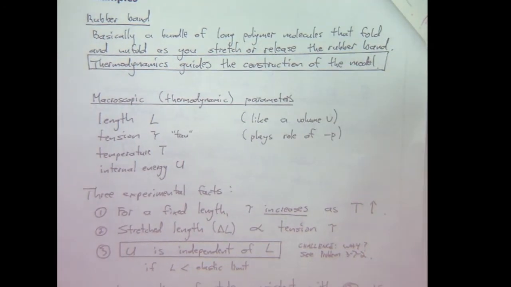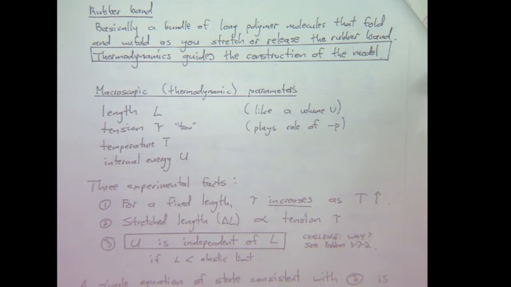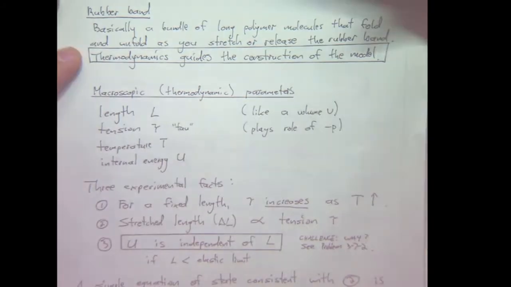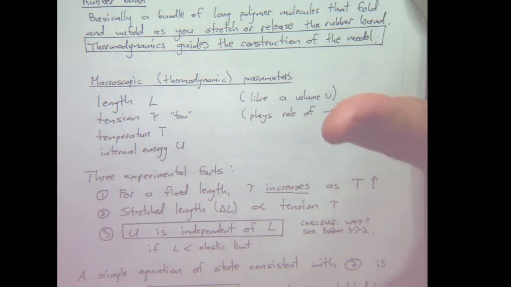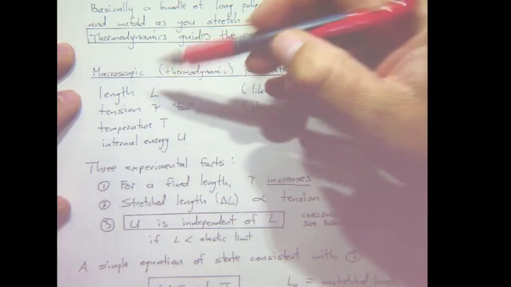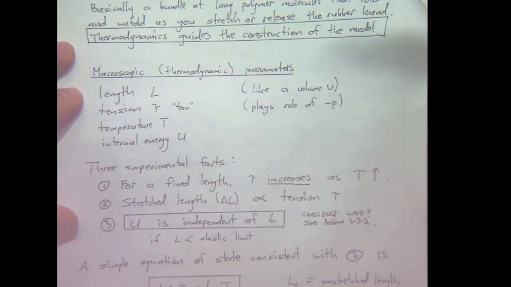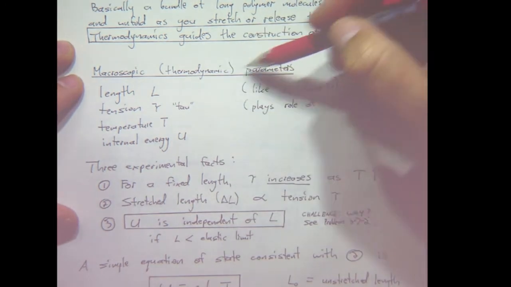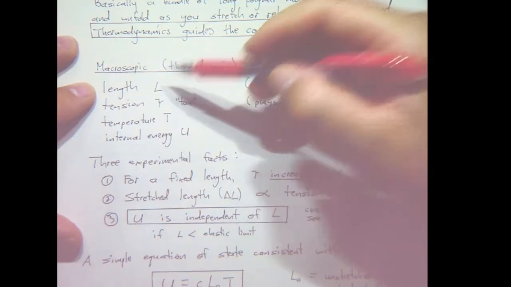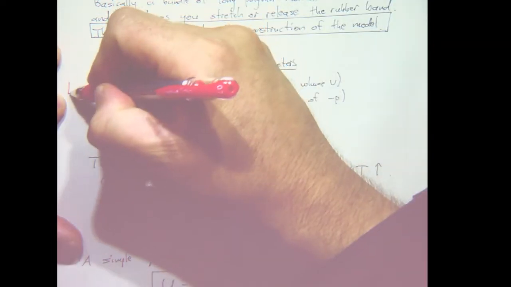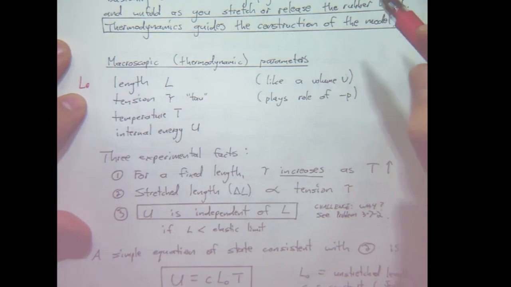How would you write down the thermodynamics or the equations for the elastic band? Well, the structure of thermodynamics guides the construction of the model, plus experimental input. So what are the variables? The macroscopic thermodynamic parameters that we're interested in. We've got the length. There's also an unstretched length, L0.